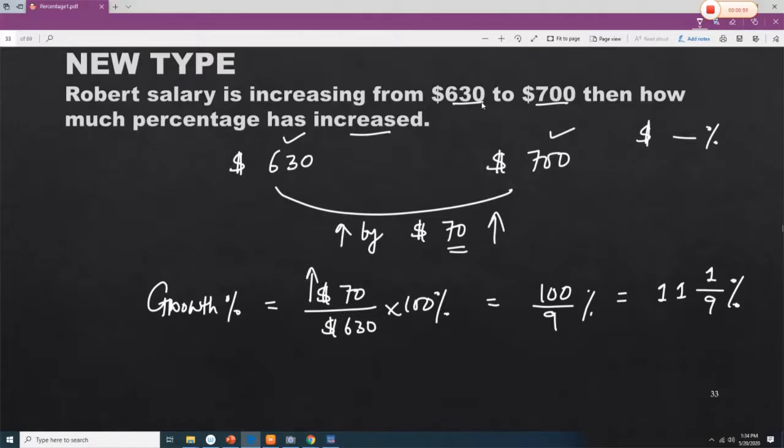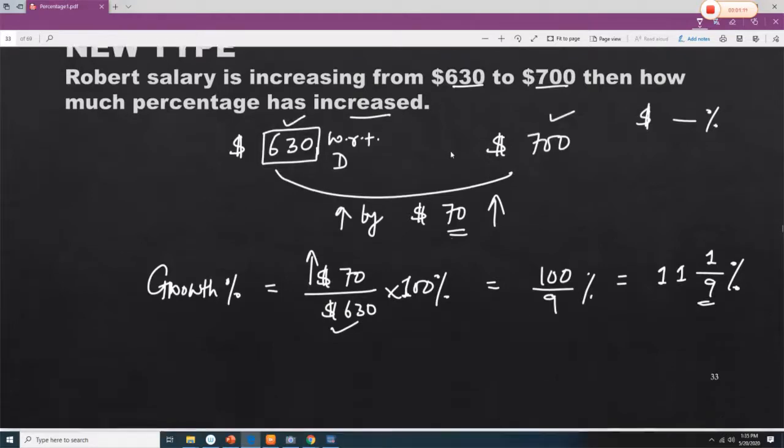Now, increasing from what? It is increasing from 630, and in the beginning I said you have to write the value with respect to which you compare in the denominator. So it is 70 over 630, and you have to convert it into a percentage, so times 100%. That comes to 100 over 9, or 11 1/9 percent.